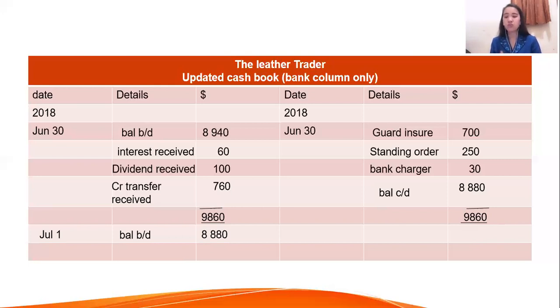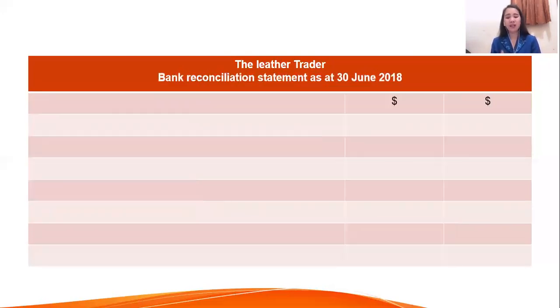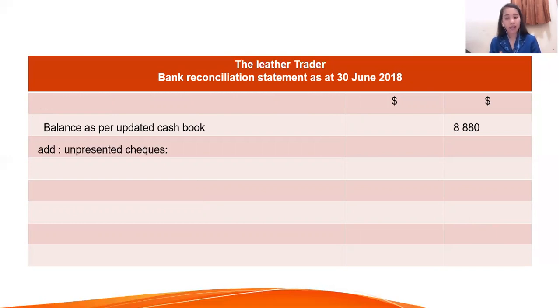So what should we do? We prepare the bank reconciliation statement as at 30 June 2019. We start from the balance as per updated cash book, 8,880. We add unpresented check. Remember, we always add unpresented check. It's already 2, so it becomes 1,100.